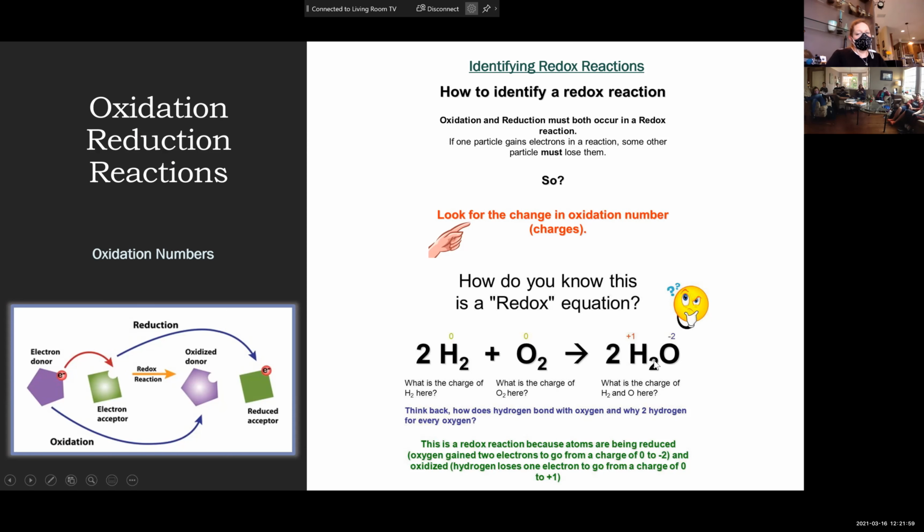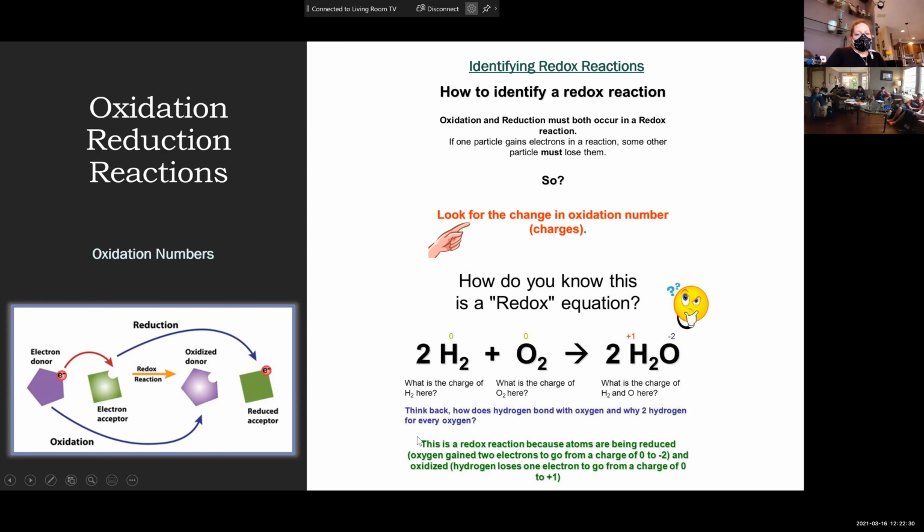So what is the charge of hydrogen, and then oxygen? +1. There you go. So think back, how does hydrogen bond with oxygen? And why do you need 2 hydrogens for every oxygen? Because the hydrogen is +1 and it has to equal 0. Yes, because the oxygen is -2. You got it. And the hydrogen is +1, and there's 2 right here.